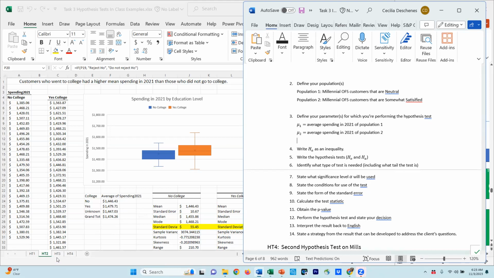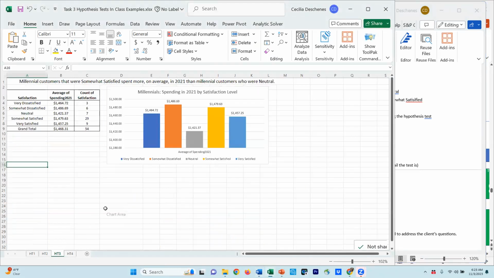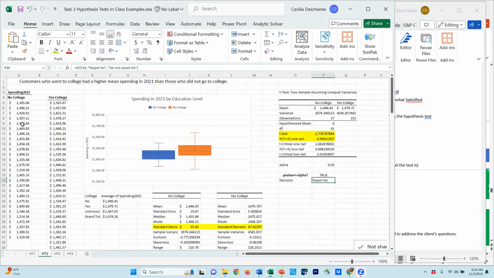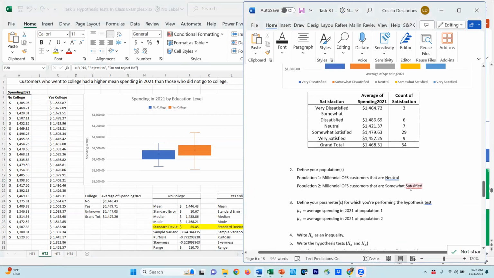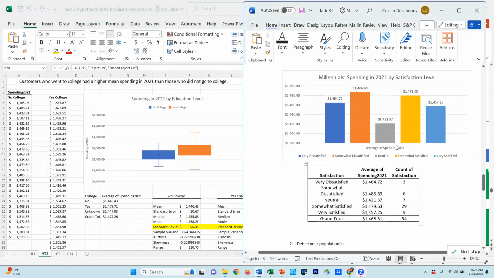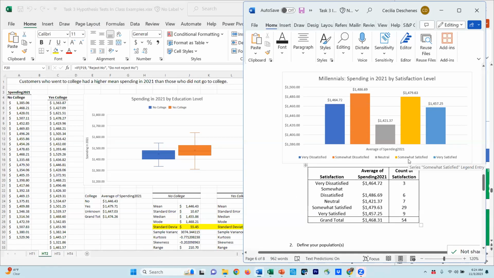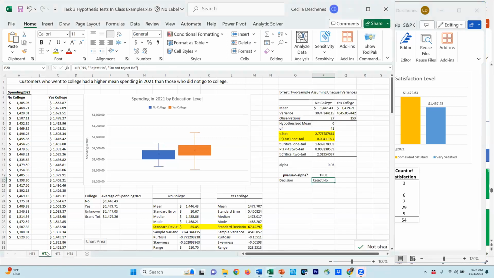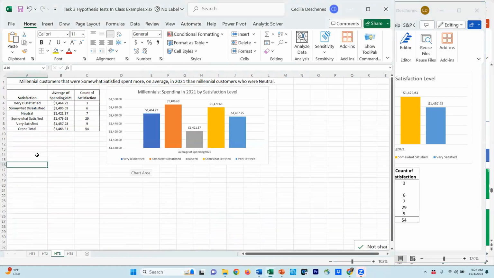I need to come over here to my hypothesis test 3. I need to pull in my subsets of my columns of my data. So I need to get data on spending 2021, but from the millennials now, and it needs to be broken up by, I need to pull the data for the neutral and the somewhat satisfied people. So let's just get you started on how one would do that.